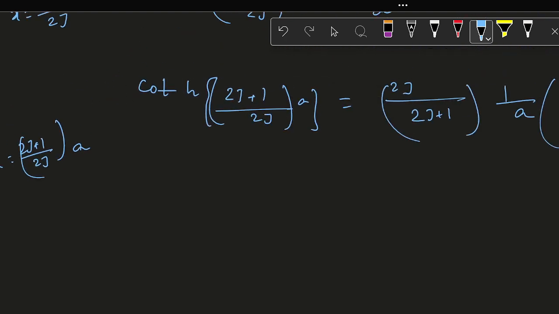Now write down the Brillouin function formula, Bj as a function of a.